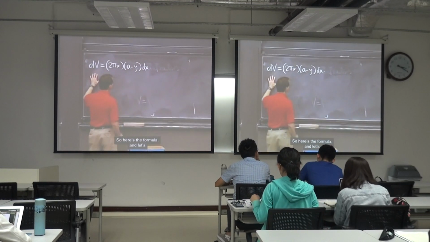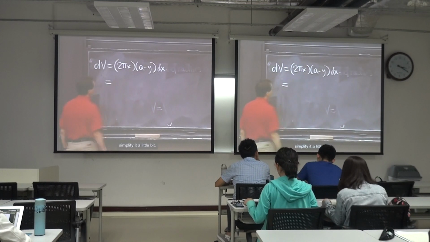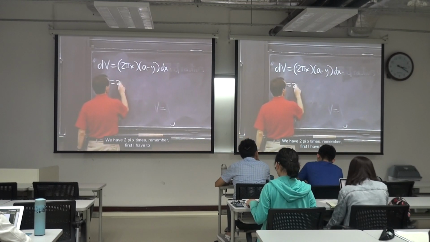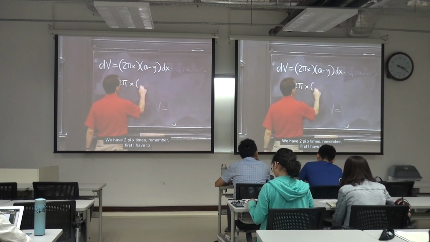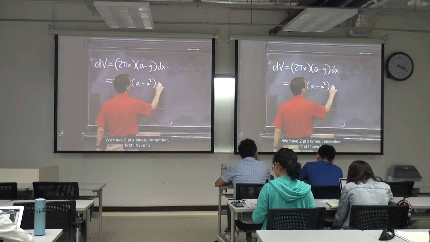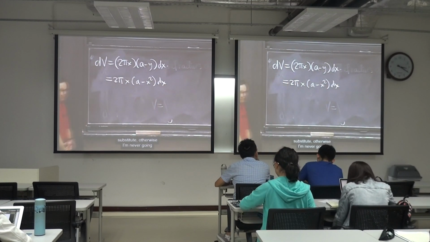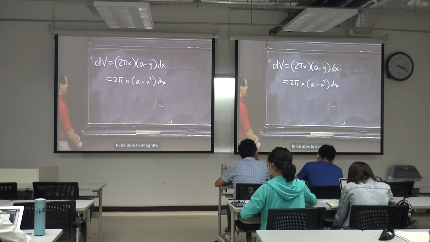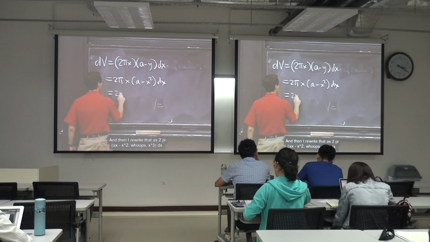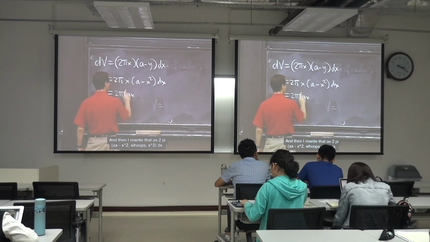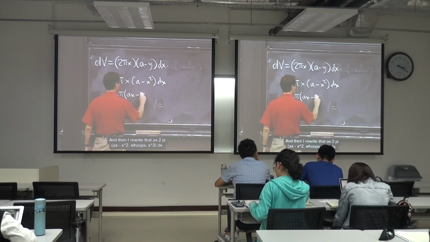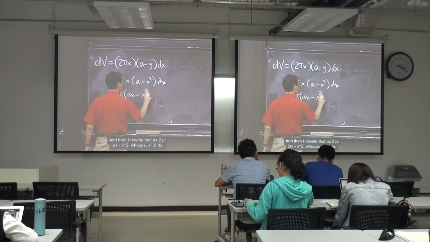All right, so here's the formula, and let's simplify it a little bit. We have 2 pi x times, remember, first I have to substitute, otherwise I'm never going to be able to integrate. And then I rewrite that as 2 pi times (ax minus x squared), whoops, x cubed.